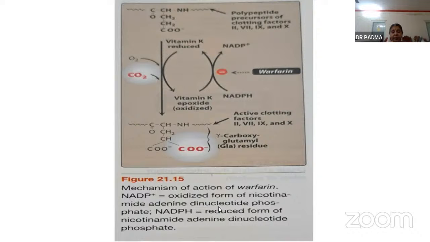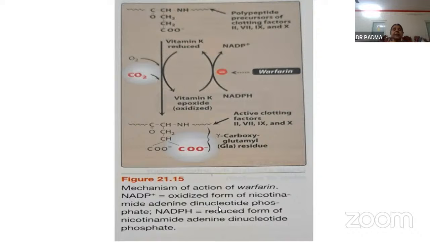So you have to remember three things. It is a gamma carboxyglutamyl residue which activates the clotting factors 2, 7, 9, and 10. And this will convert vitamin K reduced form to vitamin K epoxide in the presence of carbon dioxide and oxygen, and also in the presence of NADP.